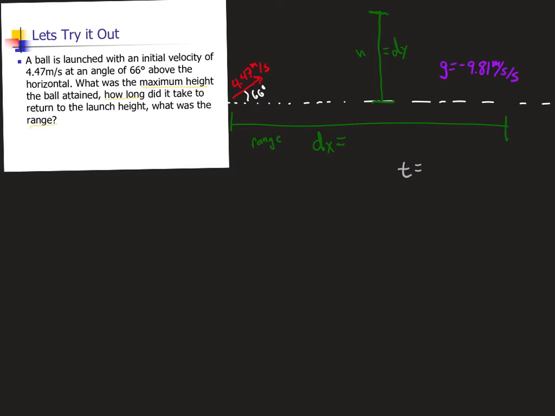The first way I can do that is, again, utilizing some of the equations we have been given: velocity in the x is equal to vi, the initial velocity, times the cosine of theta. Velocity in the y direction, initially, would be vi times the sine of theta.